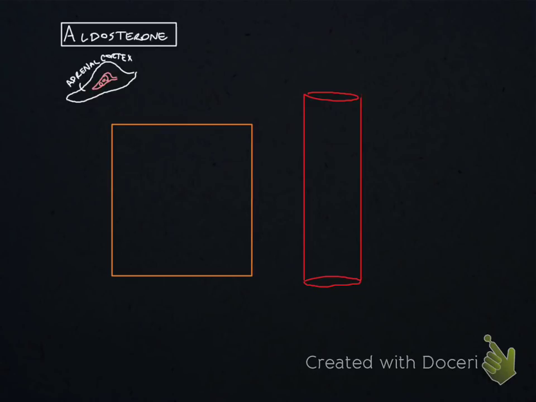Okay. So now this is the last part, aldosterone. Aldosterone is a steroid hormone made in the adrenals, specifically the adrenal cortex. And since it is a steroid hormone, it has a cytoplasmic receptor.